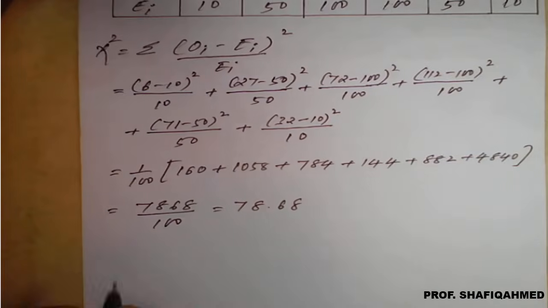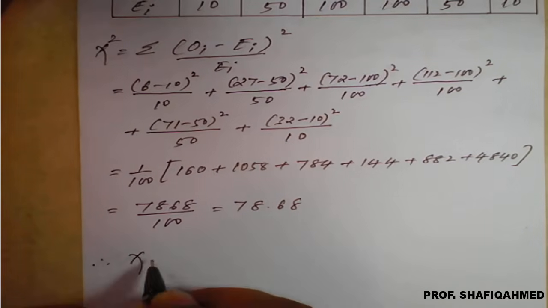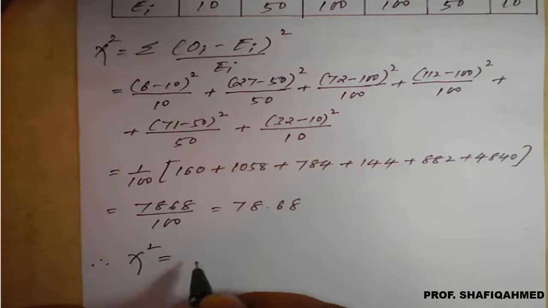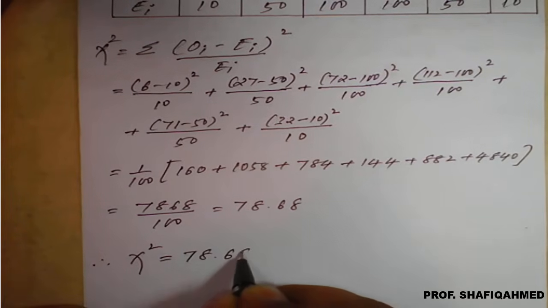So therefore chi-square we got the answer 78.68.